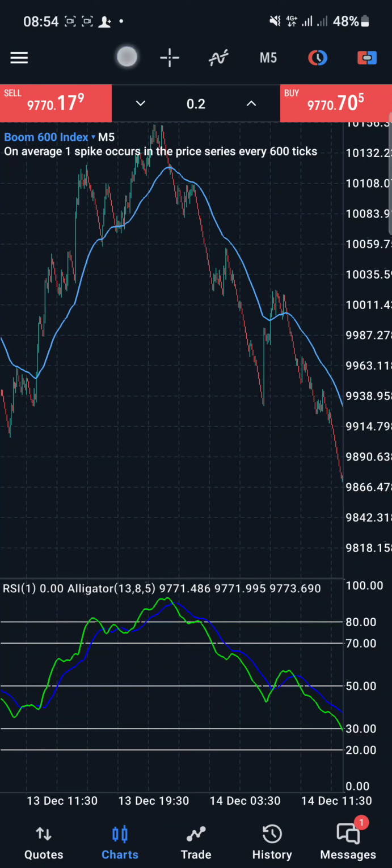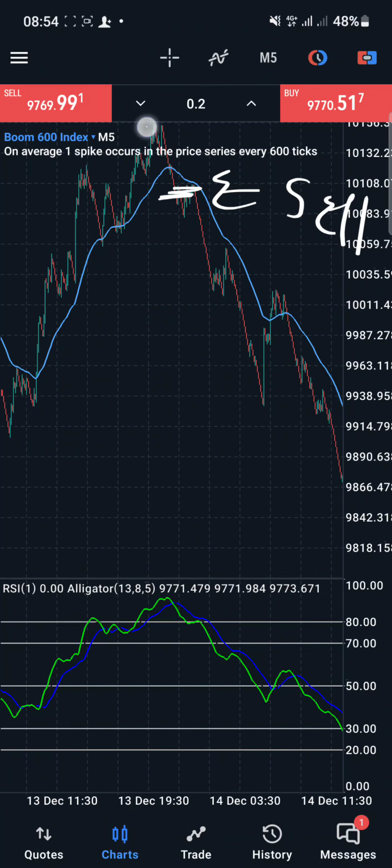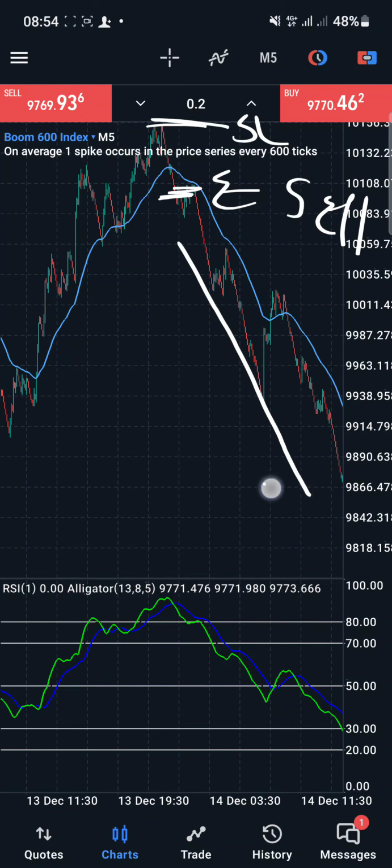So before you go into it, make sure it breaks out below this. This should be your entry point for a sell, and right here you can put your stop loss. So you can now sell downward right from there.